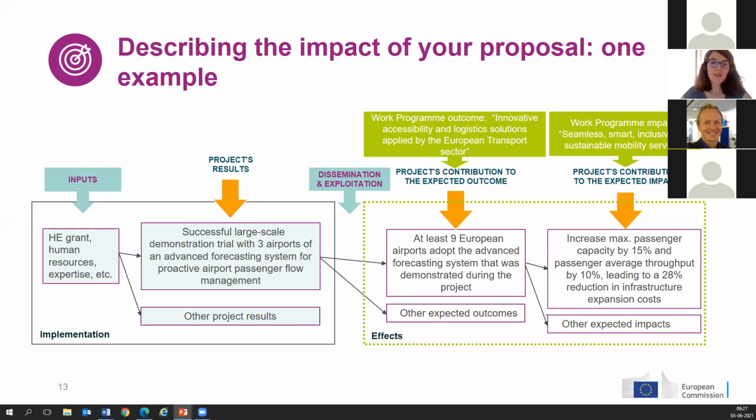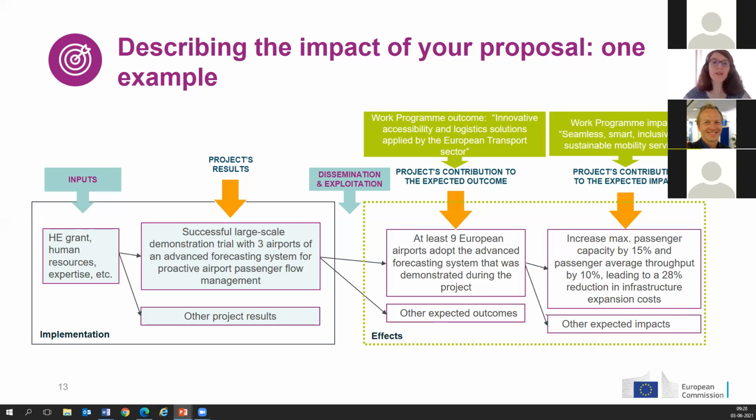And our project will deliver some results. One of these results is a successful large-scale demonstration trial with 3 airports. We will demonstrate a new advanced system for forecasting and proactive airport passenger flow management.